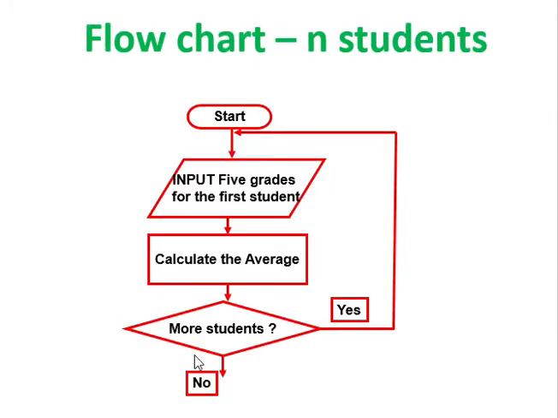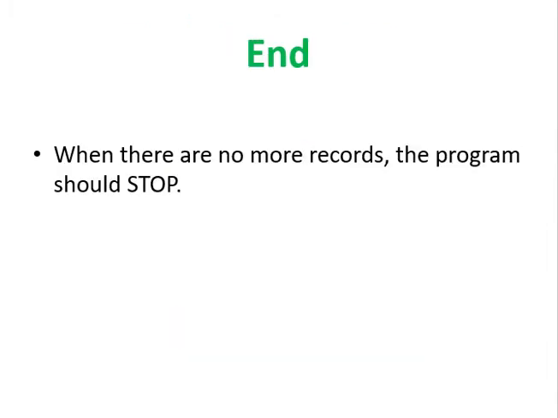The flowchart also shows that if more student output is required, then again yes, again move to the second student, calculate average, then output, then again if there are more students in the class, until the result becomes no. This is what we need to do.